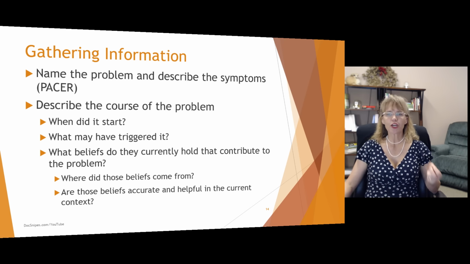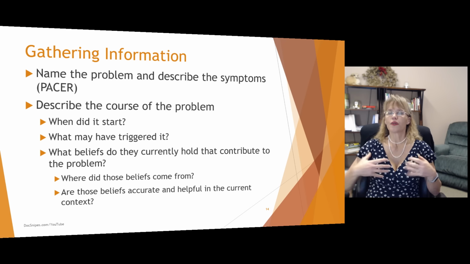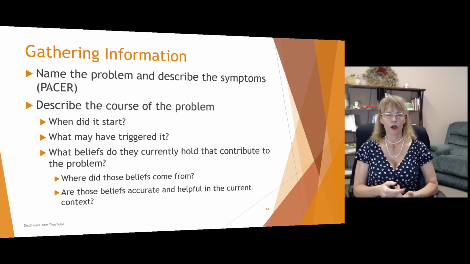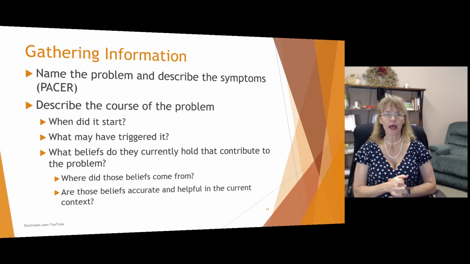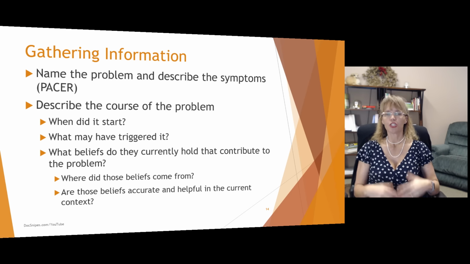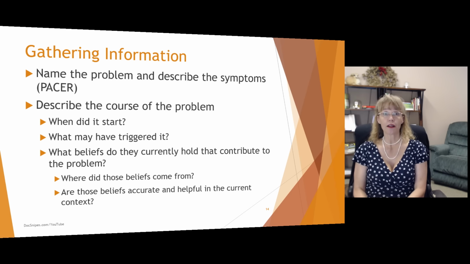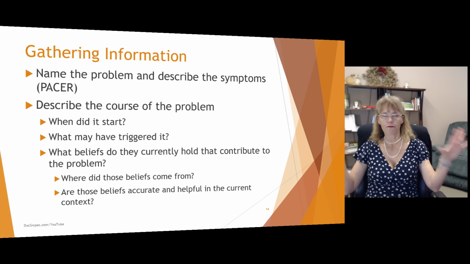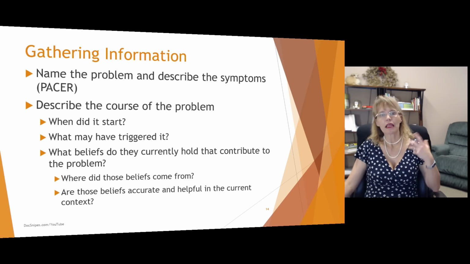What beliefs do they currently hold that contribute to the problem? So when they start thinking about relationships, when they start thinking about abandonment, what are the thoughts that come into their head? Sometimes I'll have them spend 2 to 3 minutes just thinking about being in a relationship or thinking about abandonment and jotting down everything that they think, sort of free association, if you will, to get an idea about all of those automatic thoughts.